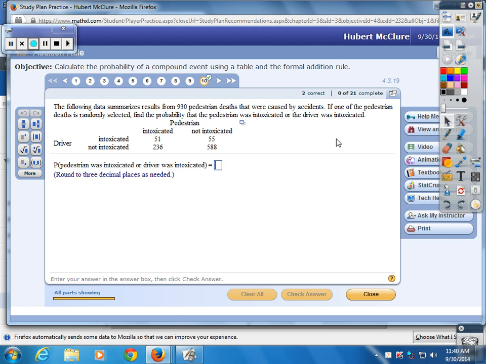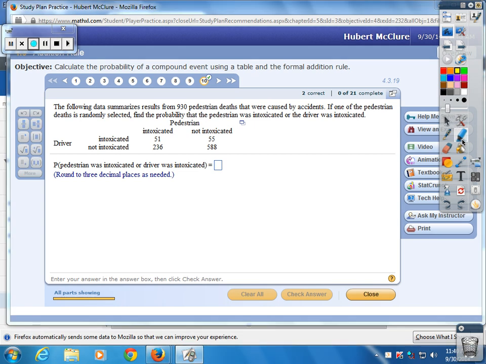What the heck am I looking for? All right, y'all got it written down? Now, the question asked, it says the probability, say like you take these people's social security numbers, you put them on a little slip of paper, and you put whether the pedestrian is intoxicated or whether the driver is intoxicated.